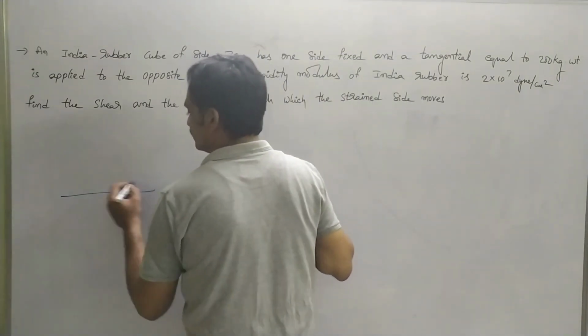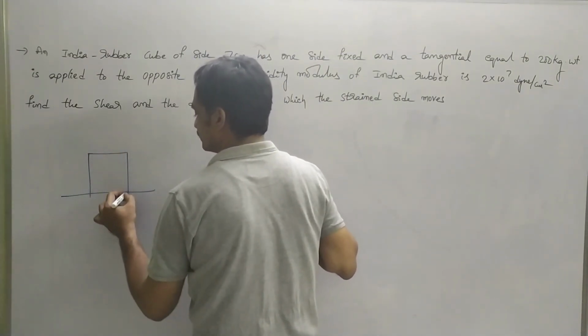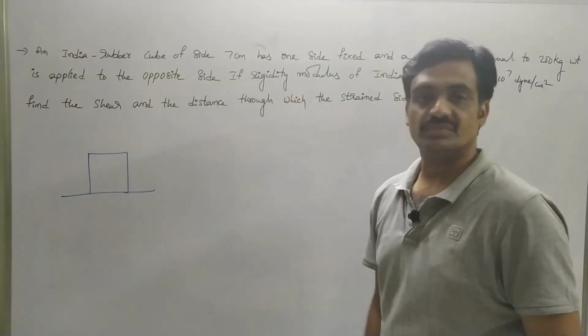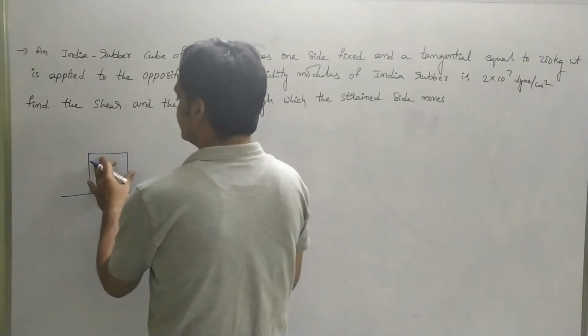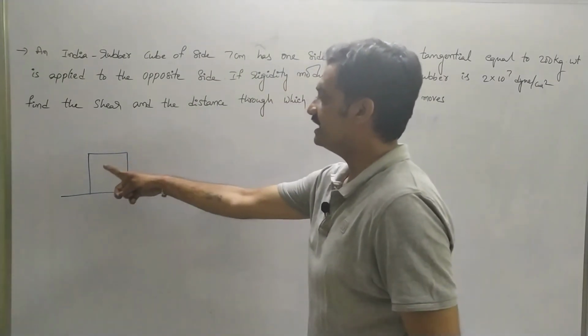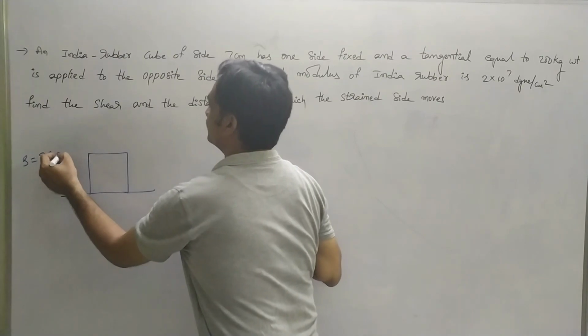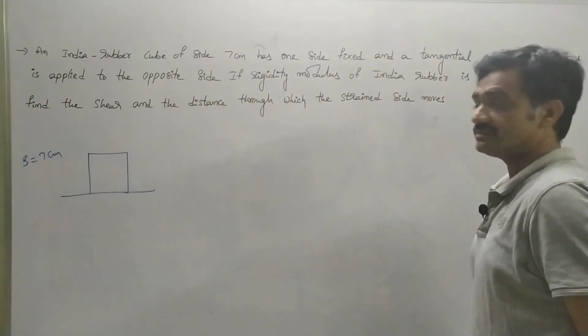So here I am going to consider a cube. One end is fixed to the support, another end has been moved, whereas the side of this cube is S equals 7 centimeters.